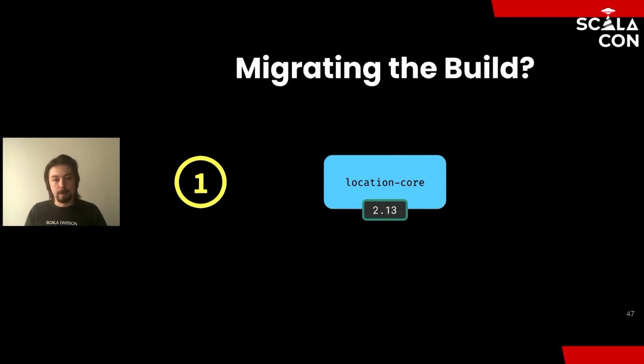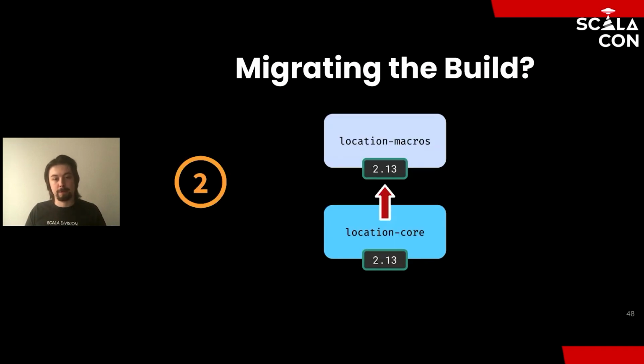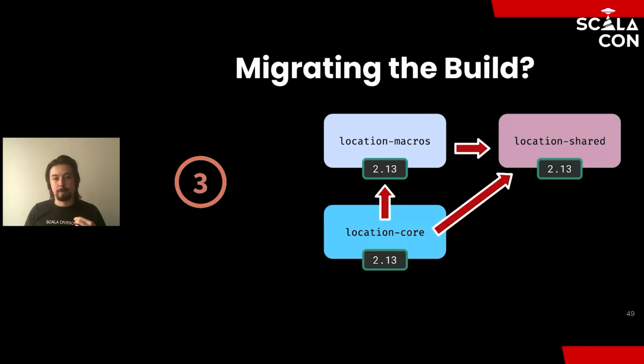If we wanted to compile this with Scala 3, but not change the code, we now have to split out that macro implementation into another library that location core depends on, so that we can keep compiling that macro implementation with Scala 2. But there's another problem, which is that the macro depends on that location case class. So actually we have to now make another library that the location macros depends on, called location shared.